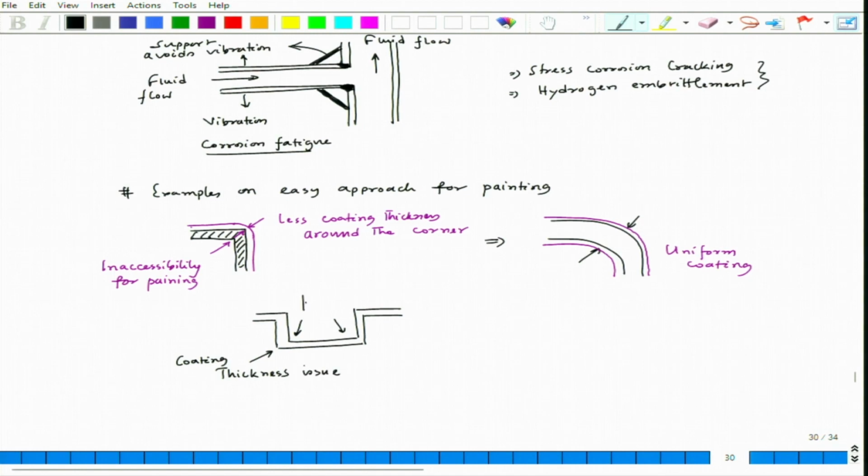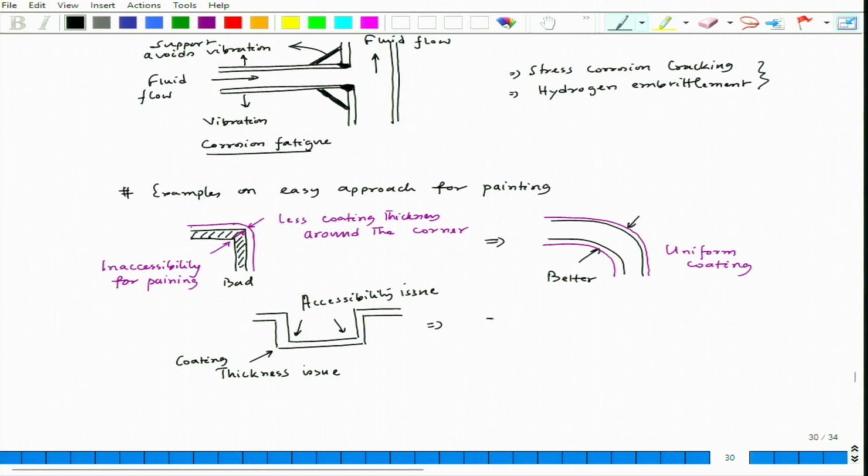And here it will be inaccessibility. Right. So, the better design would be, this is bad, in this case it was bad, this is better.